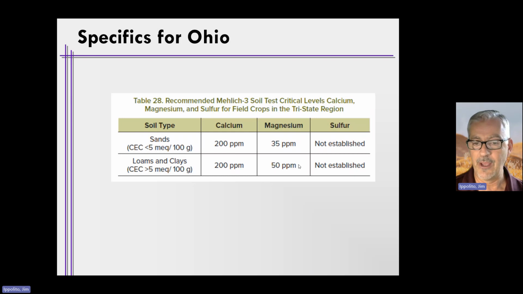And for magnesium, I told you in a previous video that 50 parts per million or less typically will show, or can show, a magnesium deficiency. But in Ohio, it's been found that under coarse textured soils, the level is actually a little bit lower. It's at 35.